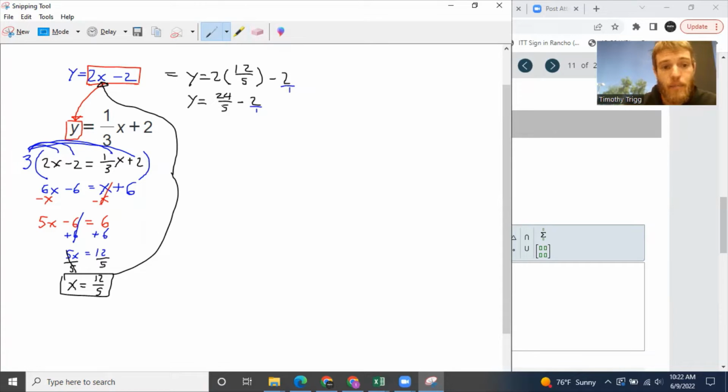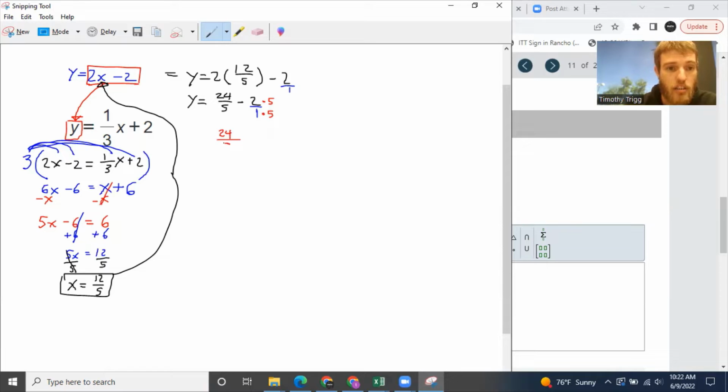Now in this case, the denominators don't match. Here we have a 5, and then here we have a 1. So how can I change this second fraction so that it has a denominator of 5? Well, I can multiply both denominator and numerator by 5, and that'll change it.